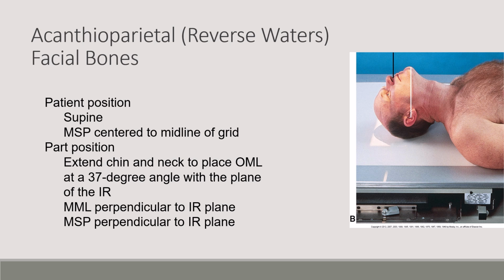Now, good luck hyperextending the patient's chin. In a trauma situation, what you would probably rather do is spot the mental meatal line, line up your central ray to the mental meatal line, running parallel to the mental meatal line, and then shift the position of the centering to enter the acanthion, and then line up your table bucky to the central ray.